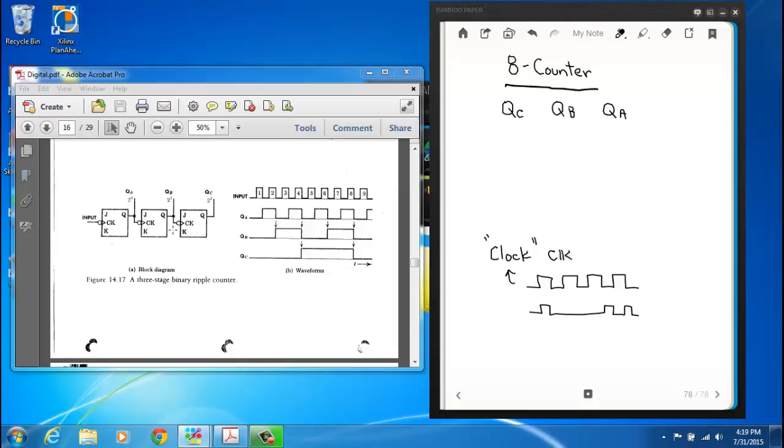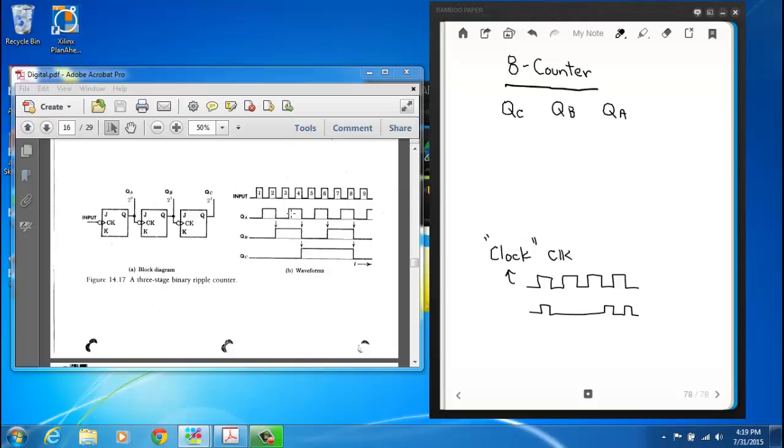Remember, each one of these JKs is in toggle mode, and recall from last video, right at the end, we talked about how when a JK is in toggle mode, the output Q is going to be half the frequency of the clock input. So QA is going to be half the frequency of the signal at its input.